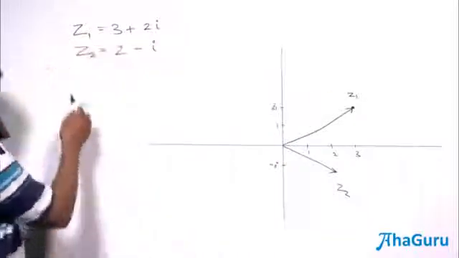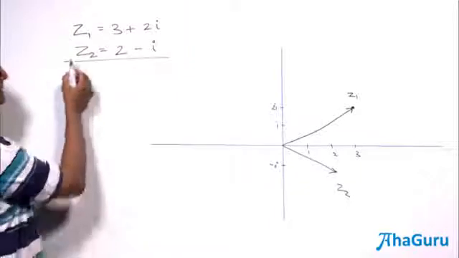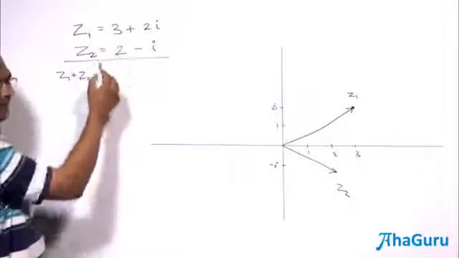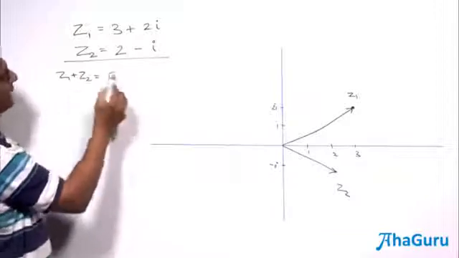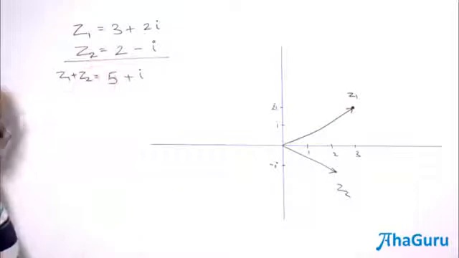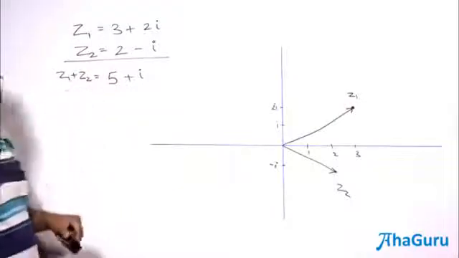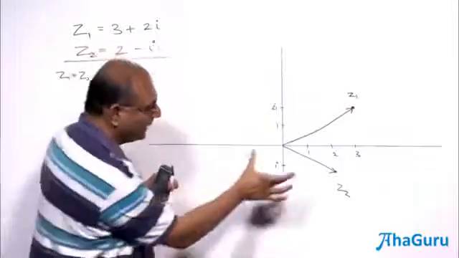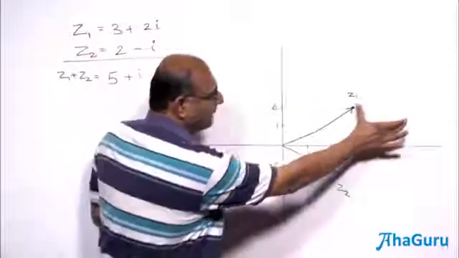Now if I want to do this addition, which is Z1 plus Z2, then I'm adding the real numbers. So it's going to become 5 and then plus i. One way to think about Z1 plus Z2 is to say I went this way and now you take this Z2 and move it parallel like that.